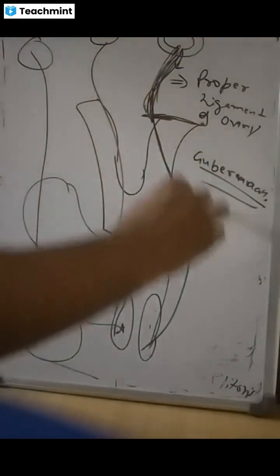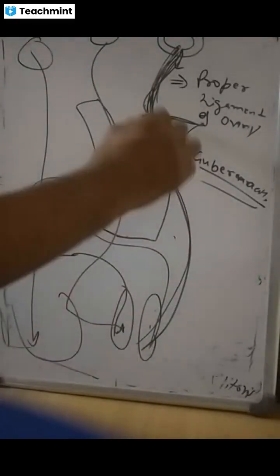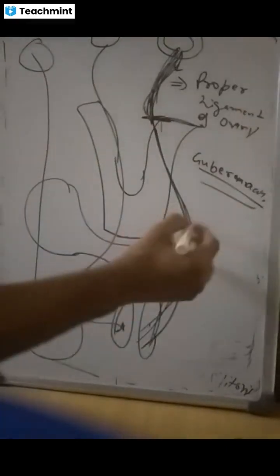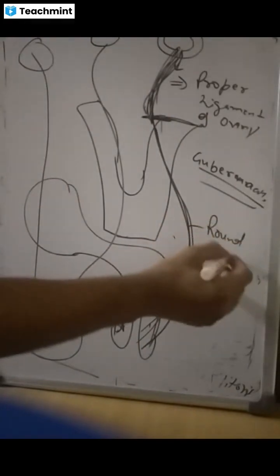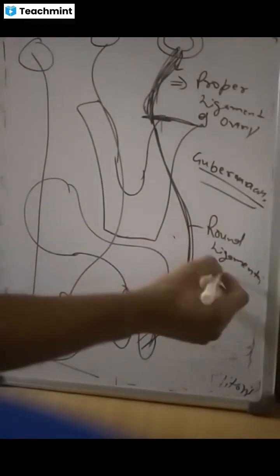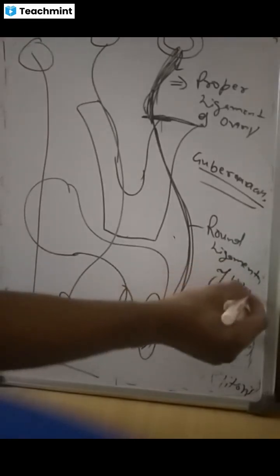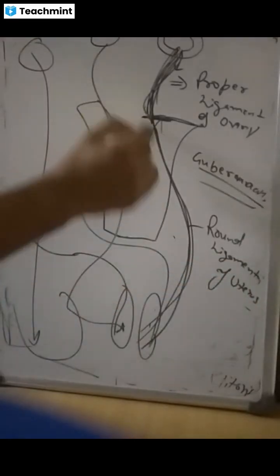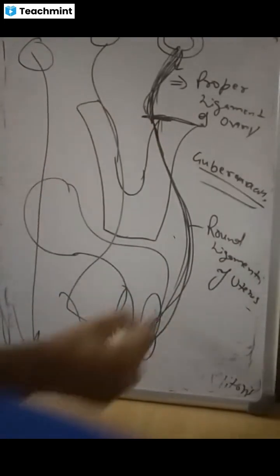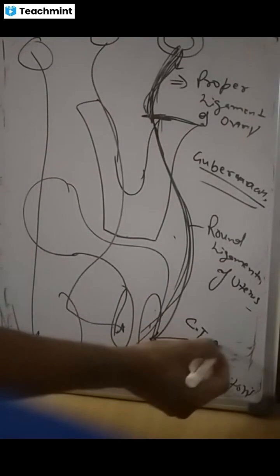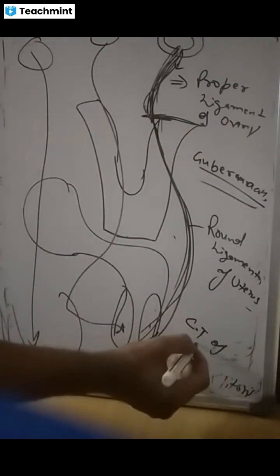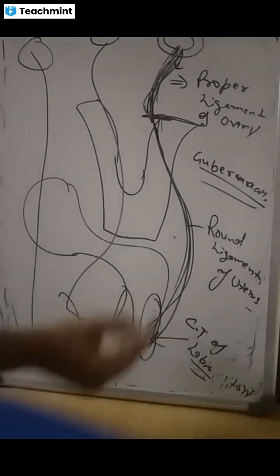The remaining part of the gubernaculum is known as the round ligament of the uterus, which is coming from the uterus and ends in the connective tissue of the vulva.